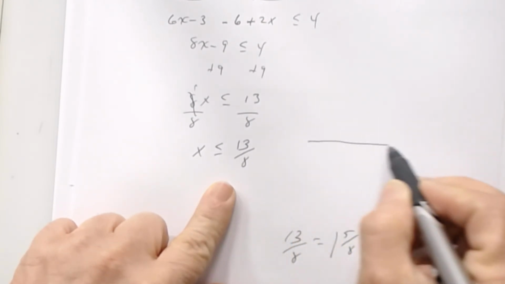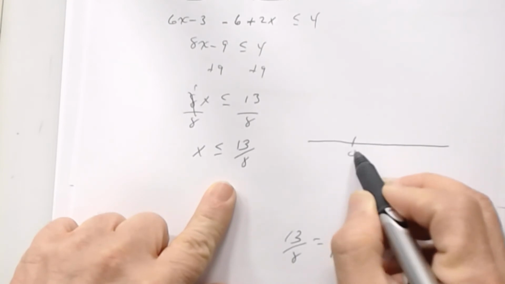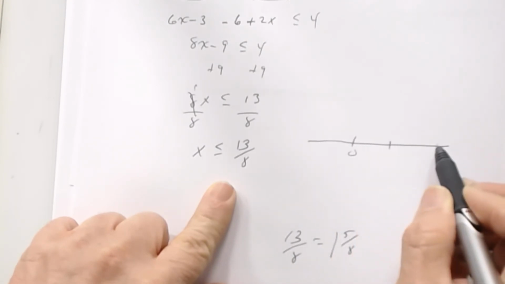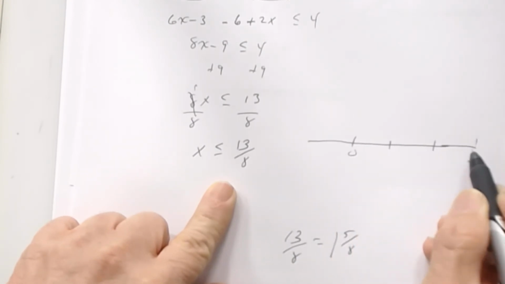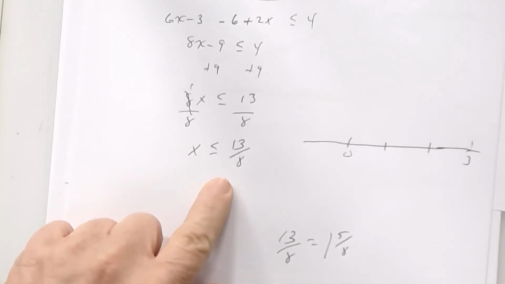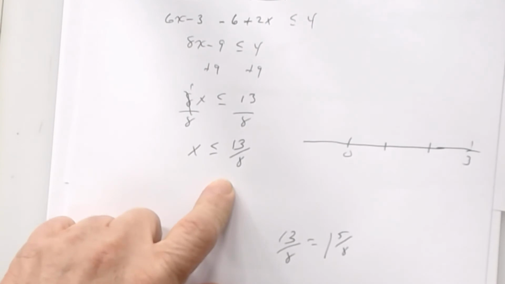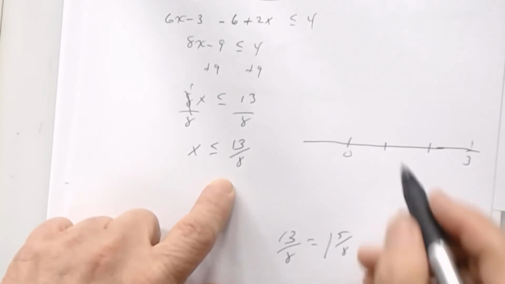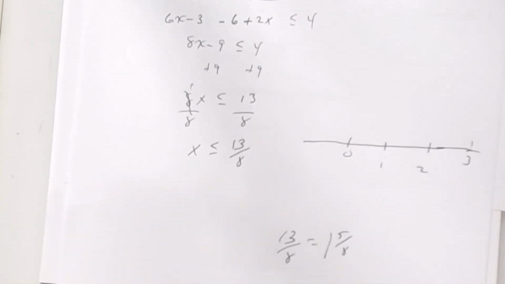So on the number line, if this is 0, this is 1, this is 2, and this is 3, let's say, 13/8 is between what two integers? 1 and 2. So here's 1, here's 2. 13/8 is 1 and 5/8. 5/8 is more than halfway, because 4/8 is in the middle, right?